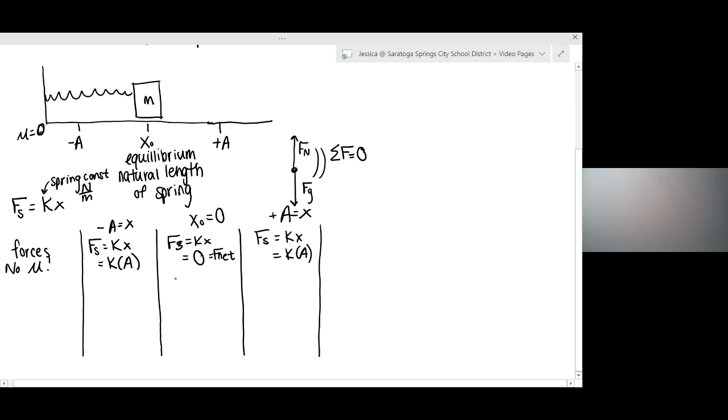It also means our acceleration is 0 at that center location, which is weird because we're definitely moving as we pass through that location, but our acceleration is 0.